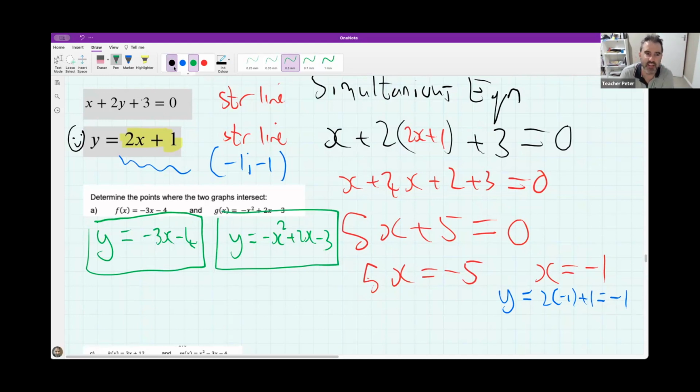And it makes sense that there might be 2 points because if a parabola looks like that and a straight line looks like this, I would expect there to be two answers. So I want you to find me the answer to where these two functions meet using the method I just showed you, and then we are done for tonight.